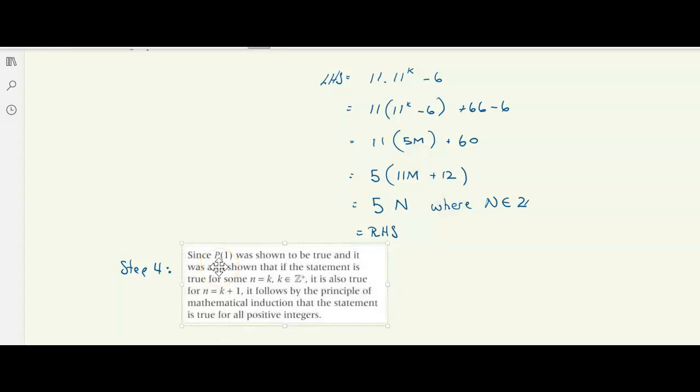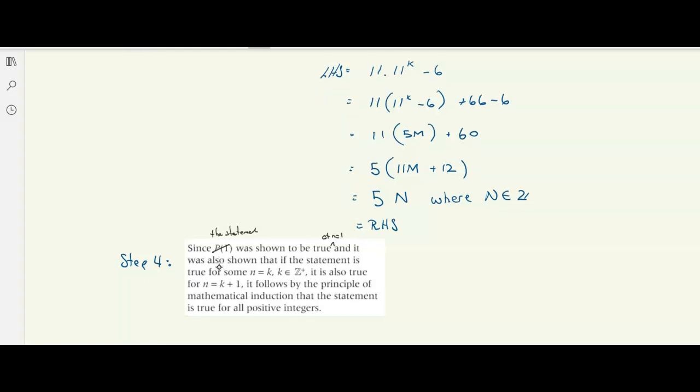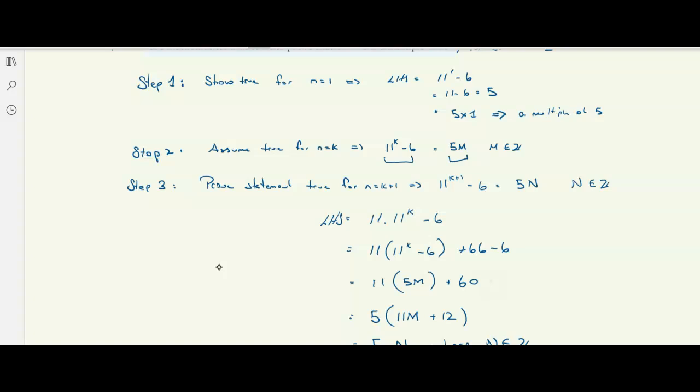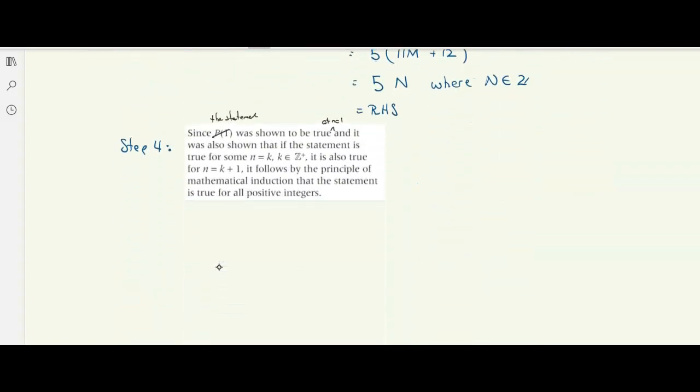Except we're going to write, since the statement was found to be true at n equals 1, it was also shown that if the statement is true for some n equals k, it is also true for n equals k plus 1. It follows by the principle of mathematical induction that the statement is true for all positive integers. And we are finished. Let's do another example.